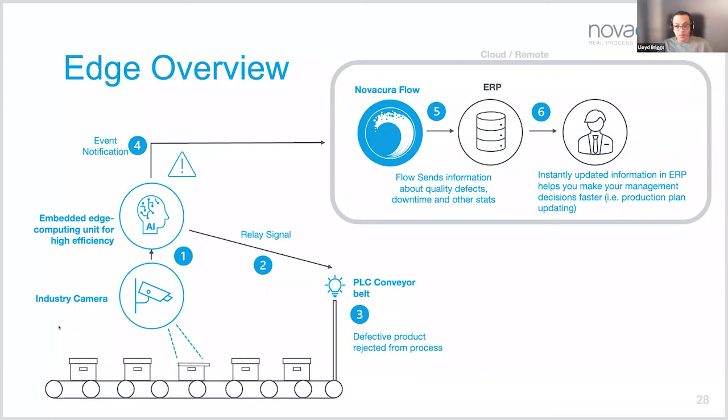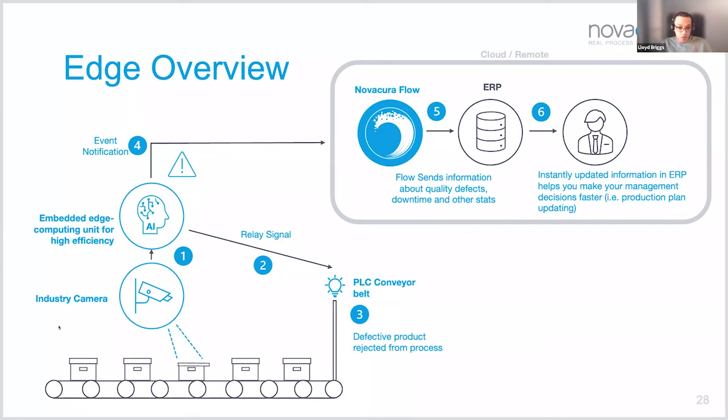So how does that work in a wider sense with your ERP system? Well, firstly, you have your camera, which could be detecting products on a conveyor belt in this example. Then you have the embedded AI module, which is doing all of the processing.